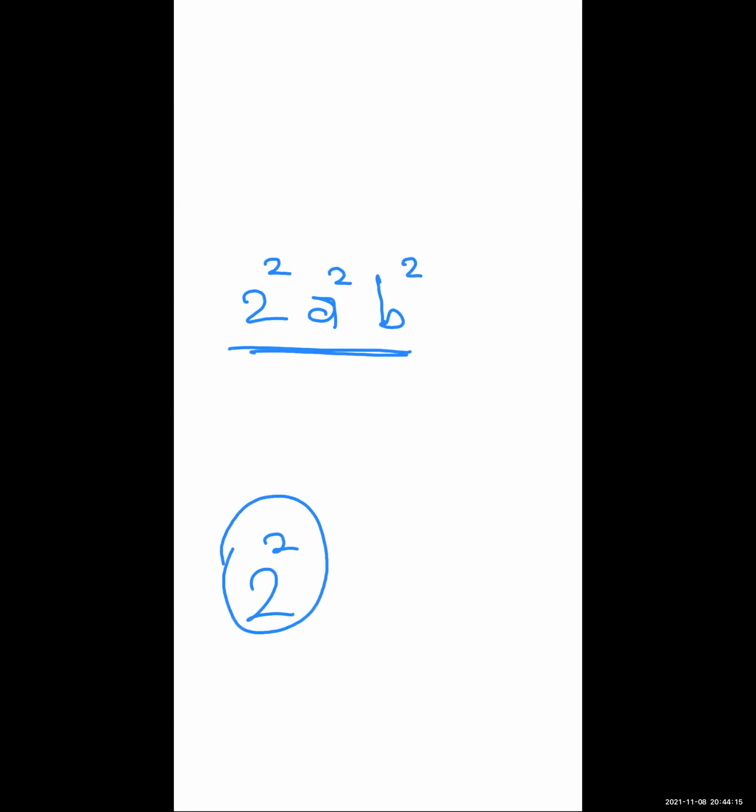Another example, study the degree of the expression 2 squared, a squared. Listen to me. If it's only 2 squared like that, or 2 power 2 only, at which degree? 0 degree.